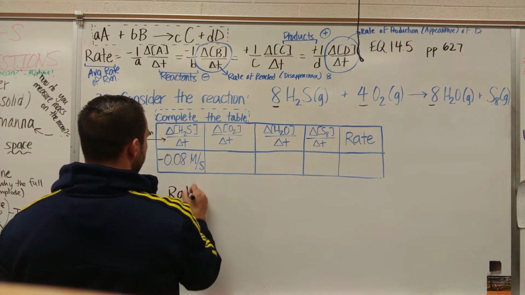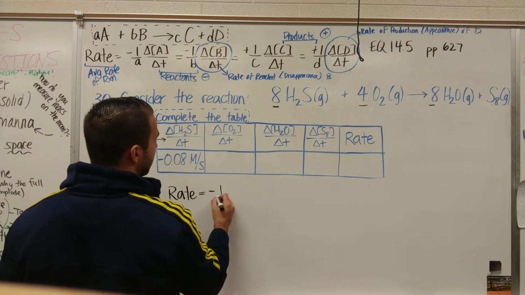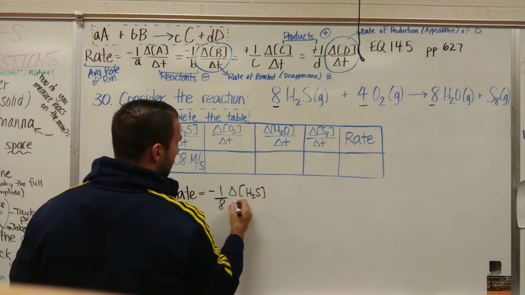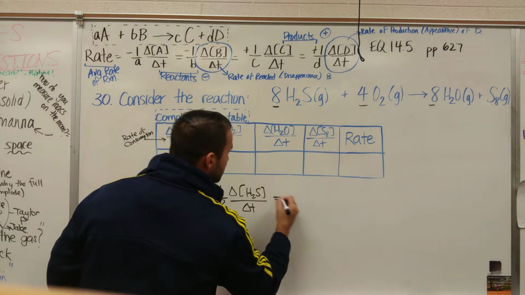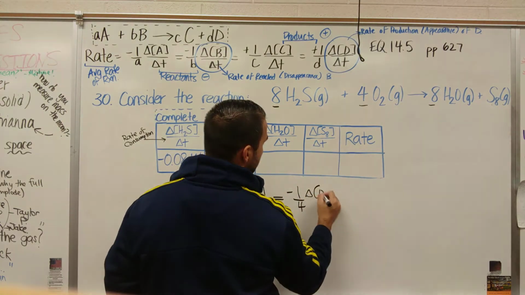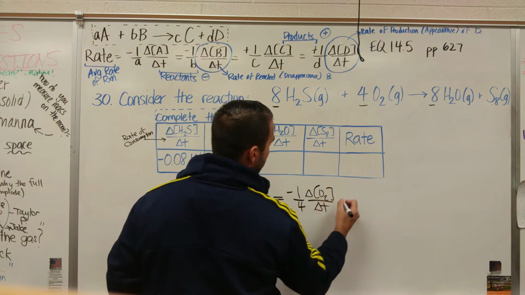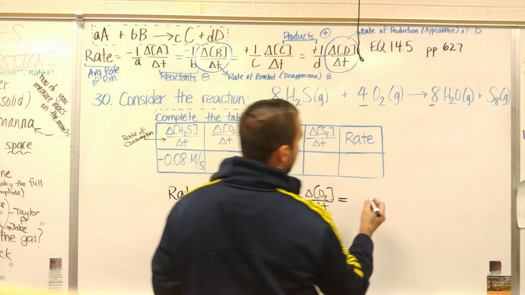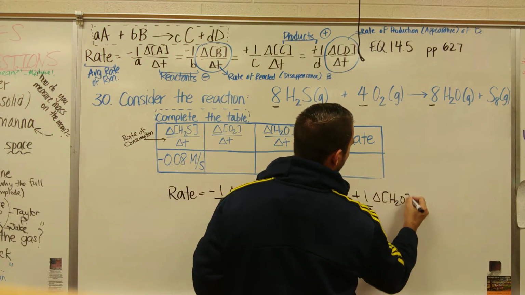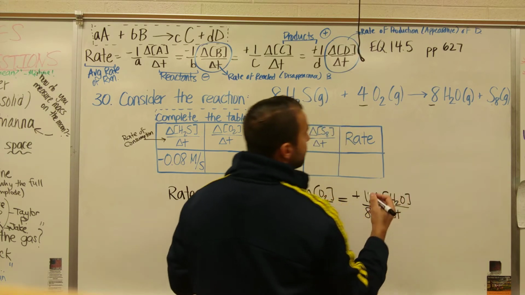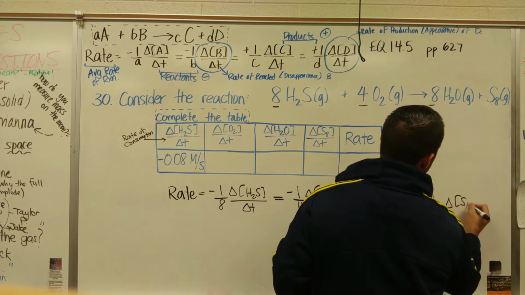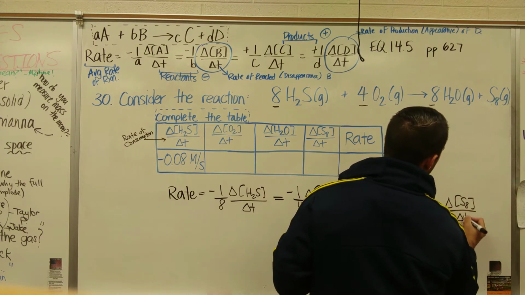The rate, overall average rate, is equal to -1 over 8, change in the concentration of H2S over the change in time, which is also equal to -1 over 4, change in the concentration of O2 over the change in time, which is also equal to +1 over 8, change in the concentration of H2O over the change in time, which is also equal to positive 1 over 1, change in the concentration of S8 over the change in time.